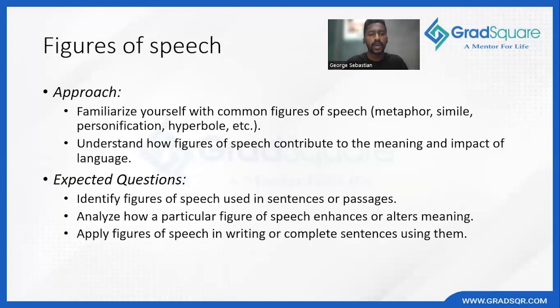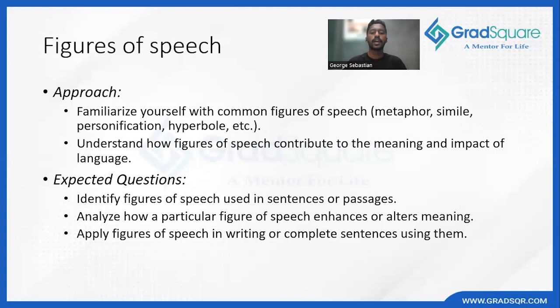And finally, we come to another part of grammar, which is figures of speech. We all know that we have different kinds of figures of speech, such as metaphor, simile, personification, hyperbole, etc. What are these basic figures of speech? What are their functions? And how are they used in a given sentence?